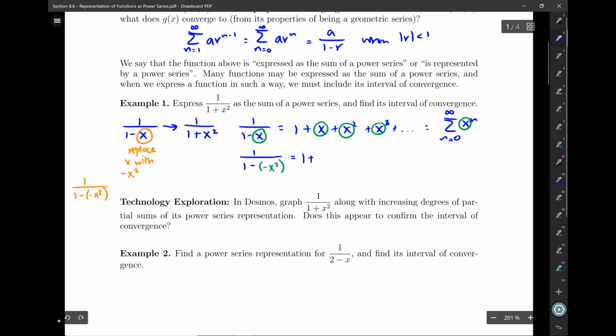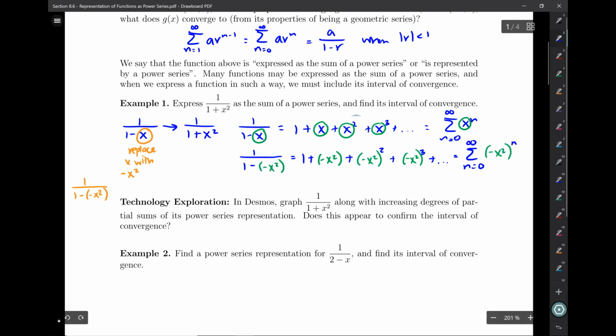So I'd have 1 plus negative x squared plus negative x squared squared, right? Plus negative x squared cubed. And now I feel pretty comfortable doing the dot, dot, dot. Now we're going to also do that in the sigma notation form.